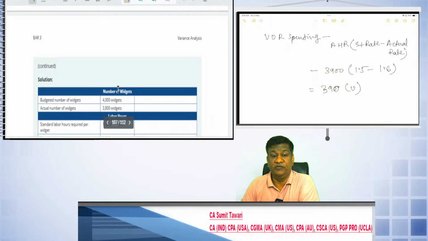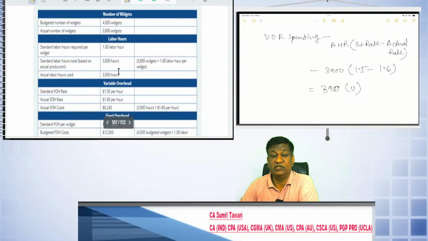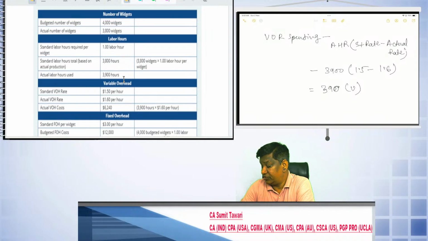So what we did here, we need to consider the actual hour use, exactly whatever may be the actual hour, not the actual number of wide gates produced. Then we apply the difference between the standard rate and the actual rate.